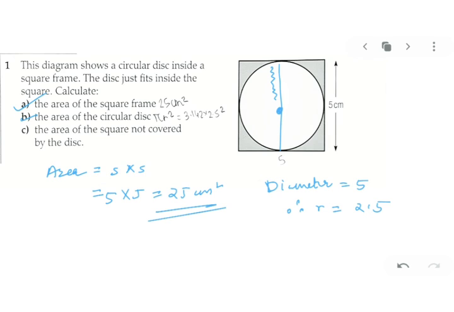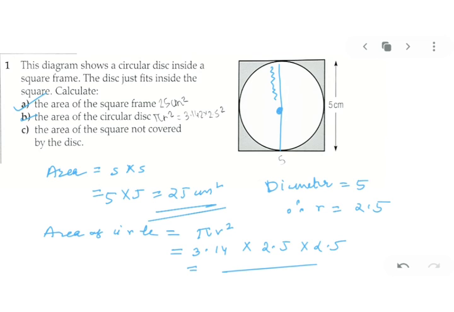So now if you want the area of circle, that will be pi r square, that is 3.14 for the value of pi. Your radius is 2.5 and again 2.5 because we want to make a square. When you multiply this, my dear kids, you will get area of circle.